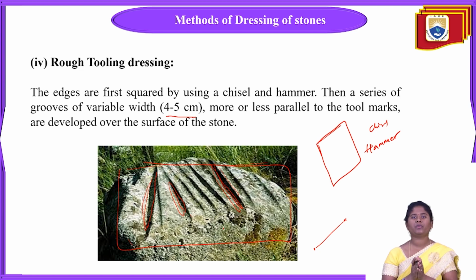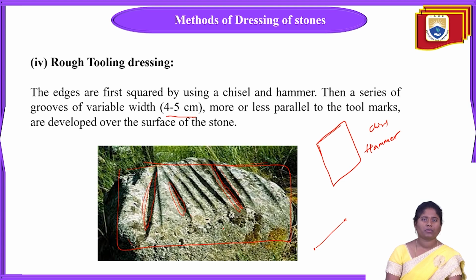After making that rock in a square shape, we are going to give grooves of a certain depth and a width of 4 to 5 centimeters. And here we make them more or less parallel to the tool marks that are developed over the surface of the stone.